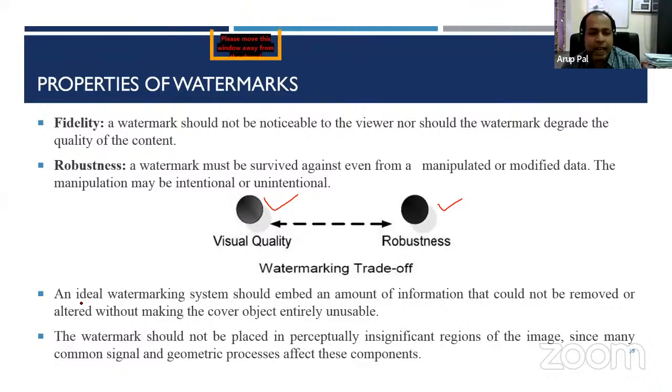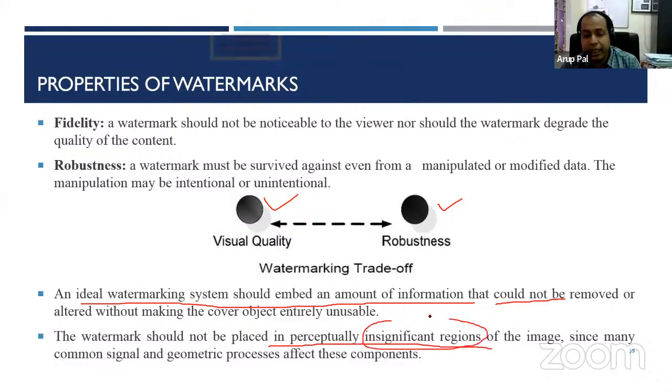So we can say that an ideal watermarking system should embed an amount of information that could not be removed or altered without making the cover object entirely unusable. The watermark should not be placed in a perceptually insignificant region. That is a very important point. It means you cannot embed the content insignificantly, because we basically prefer to transform the content into a compressed form, because multimedia data like image and video data is quite huge. Yes or no?